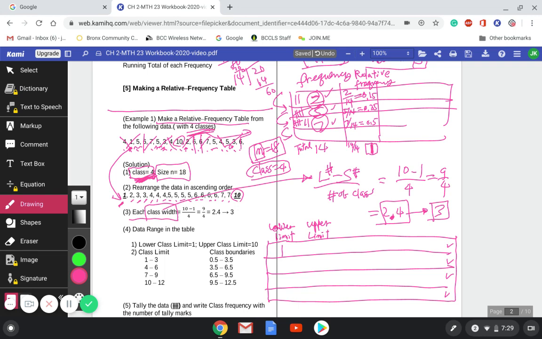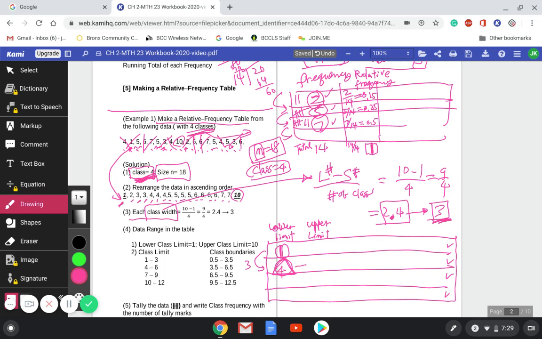And upper limit. But before you look for the upper limit, once you find the very first low limit, you have to find the next low limits. Now, how do you find this? Well, you add the class width that you just found. Class width, what we found was 3. So you add 3 to the very first number, which is the first data value. So 3 plus 1 is 4.